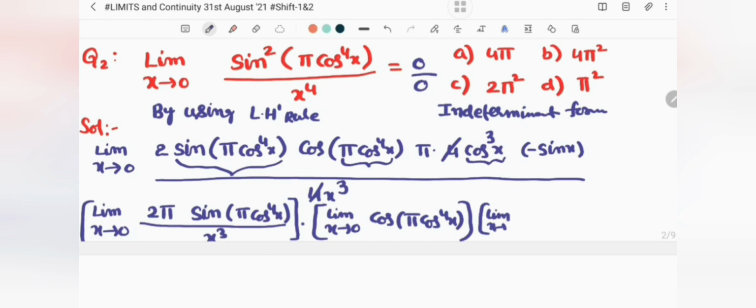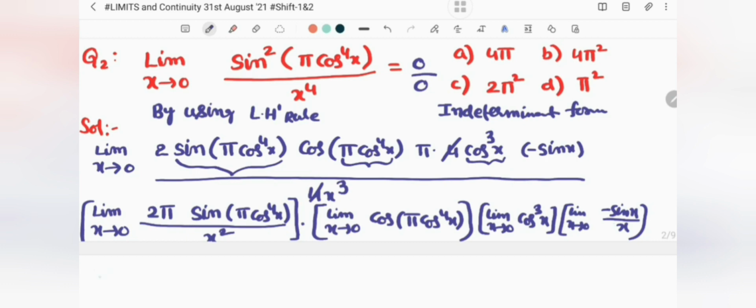Limit x tends to 0 cos cube x, one function. Here x cube I wrote now, x cube, here x square and here minus sin x is there. So limit x tends to 0 minus sin x divided by x I am writing. Here x cube is there, so one x we are eliminating here. So x square. Now x cube can be written as x square into x.